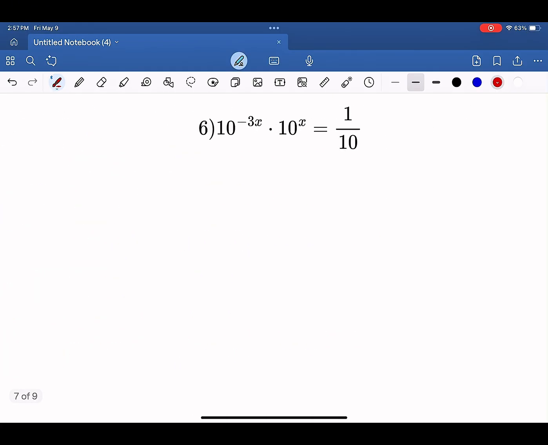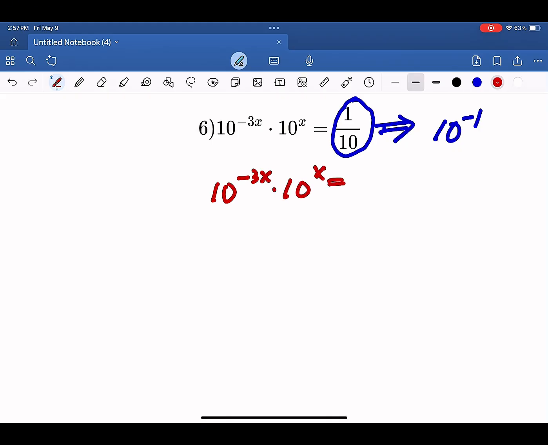Next problem, number 6. We have base 10, but we have 1 over 10 on the right-hand side. 1 over 10, you can flip it, which is 10 over 1, and you have to take the opposite sign, which will be a negative exponent of negative 1. So 10 to the negative 3x times 10 to the x equals 10 to the negative 1 power.